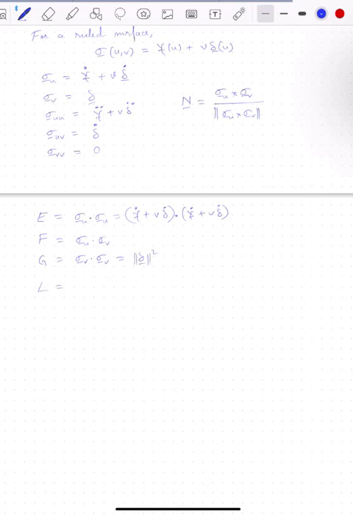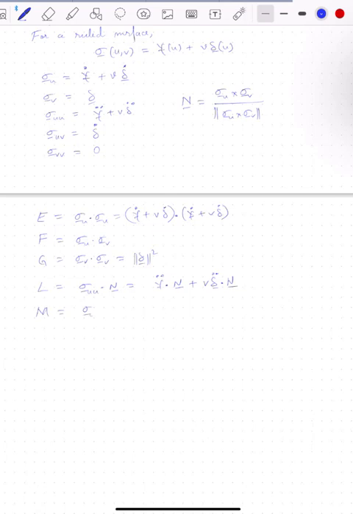And L is equal to sigma uu dot n vector, and this comes out to be gamma double dot plus v delta double dot, into n vector, right? So we will have gamma double dot dot n plus v delta double dot dot n.